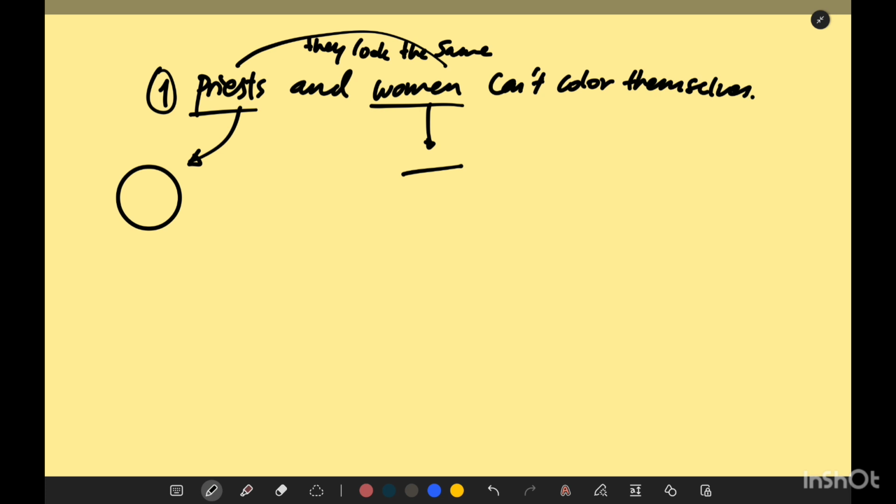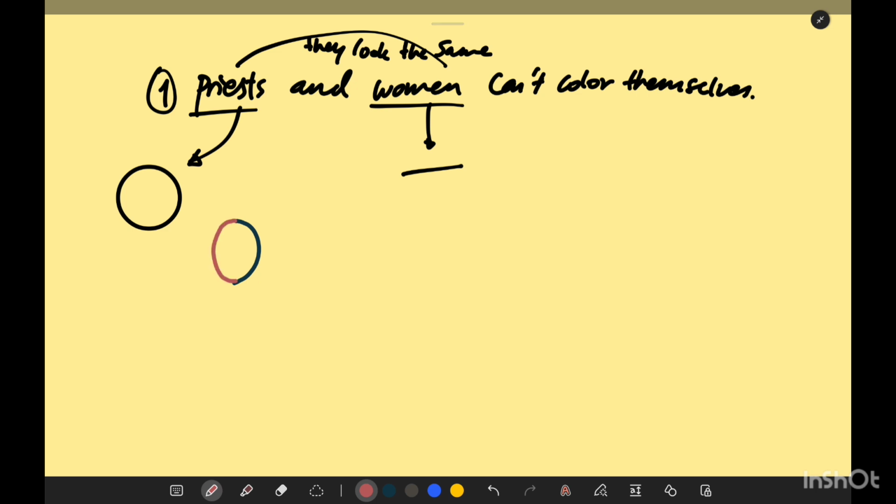So the people were like, oh, priests and women should also color themselves. And then, ironically, they said that both of them have to be colored red and green, red on one side and green on one side. So a circle would look more like this. I don't know if this looks green.